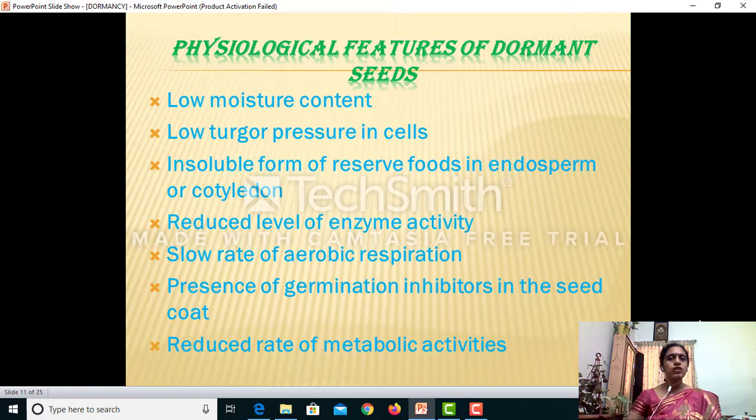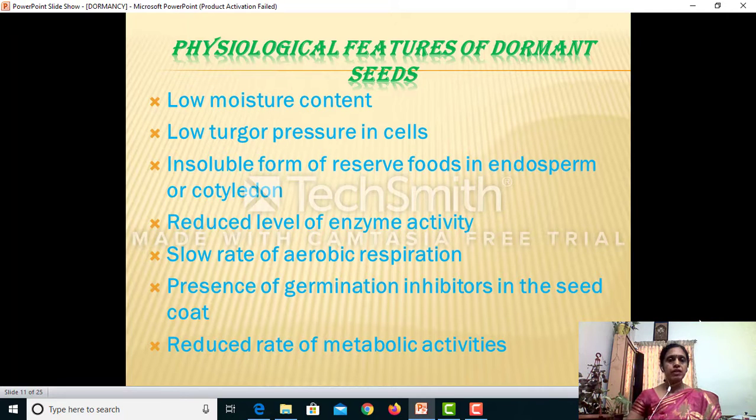What are the physiological features of dormant seeds? Following are the physiological features of dormant seeds. They have very low moisture content, very low turgor pressure, and the reserve food in the endosperm or cotyledon is in insoluble form.